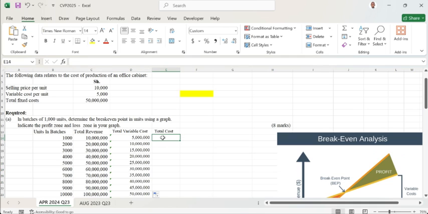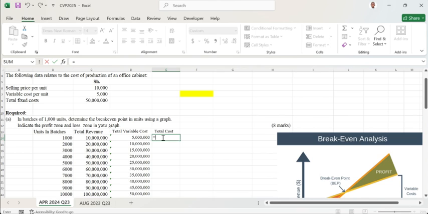Now back to Geraldine. How do I get the total cost? One of the assumptions of CVP is that we have only two costs. One is variable cost, and the other one is fixed cost. Correct.